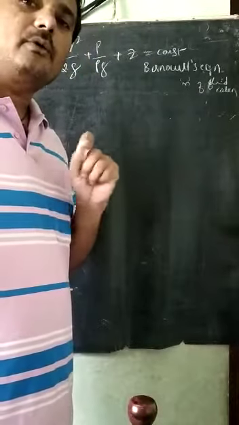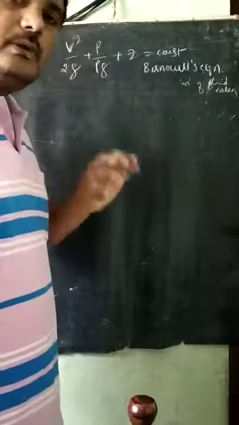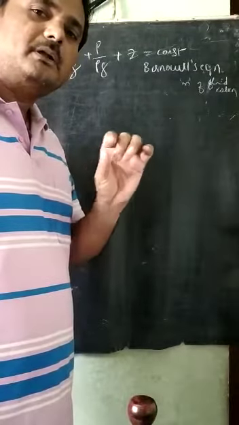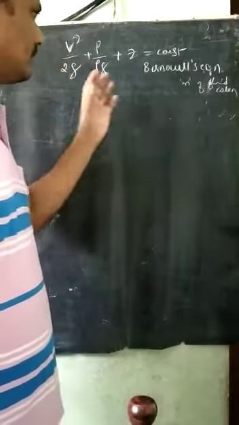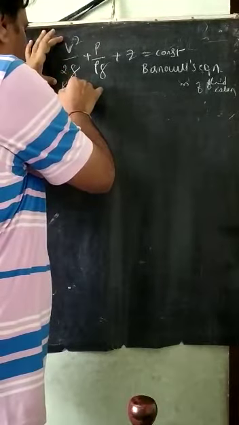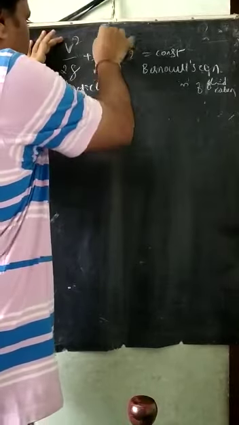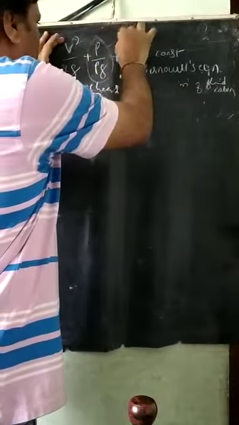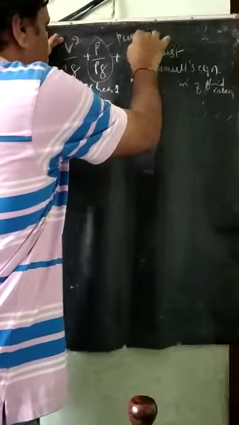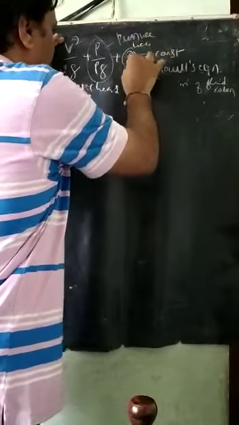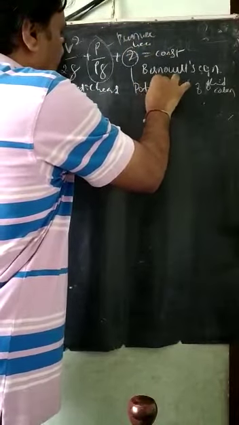If oil is flowing, then each unit will be meters of that oil. This is the kinetic head, this is the pressure head, and this is the potential head.